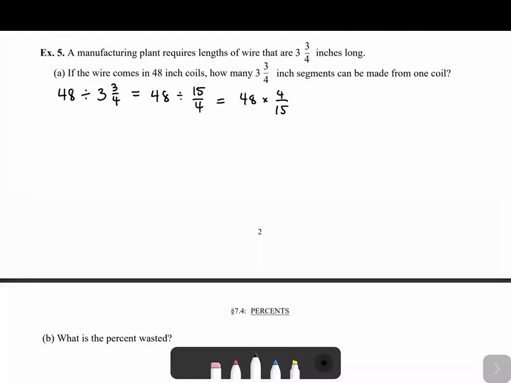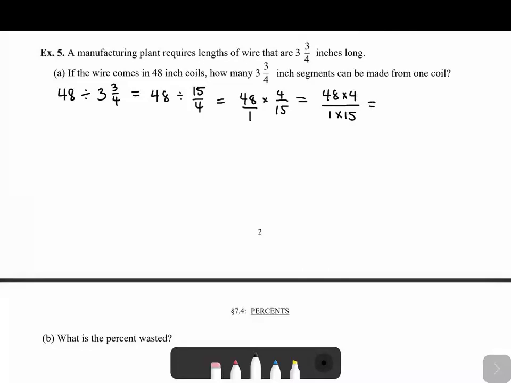And we can think of this 48 as 48 over 1. And when we multiply fractions, we multiply straight across. So we multiply our numerators to get 48 times 4, and we multiply our denominators to get 1 times 15. And then we see if there's anything we can simplify.